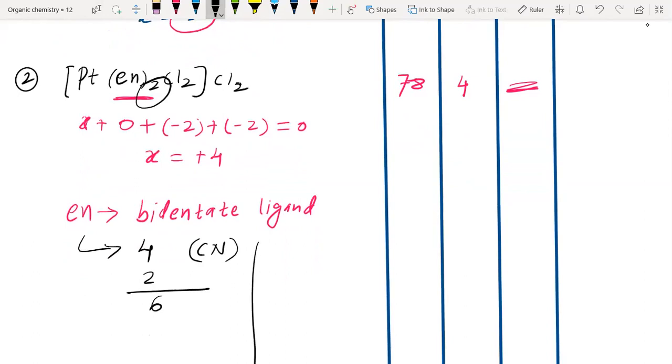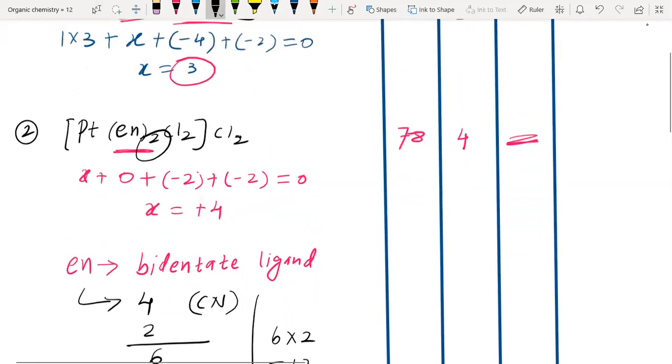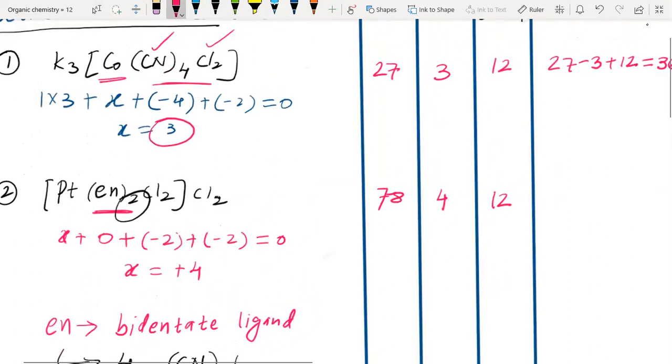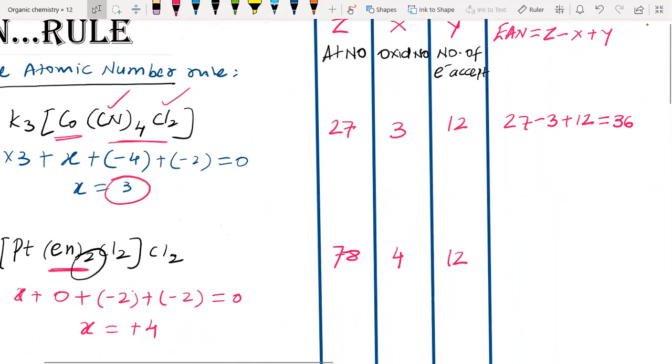The number of electrons accepted by platinum is 12. So here we'll write 12 electrons are accepted by platinum. Now the calculation: Z is 78 minus 4 plus 12.